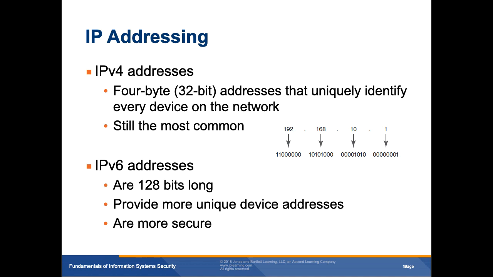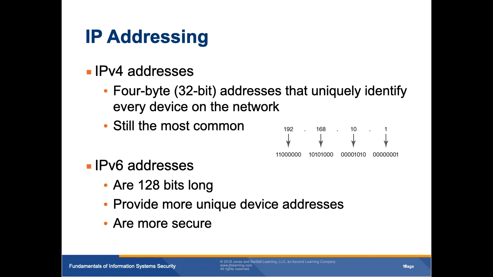You can see the example number there, 192.168.10.1, an example IPv4. It's a 4-byte, 32-bit address that can uniquely identify every device on the network, and it is still the most common, especially for internal network addresses.